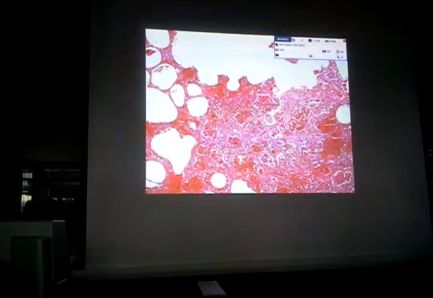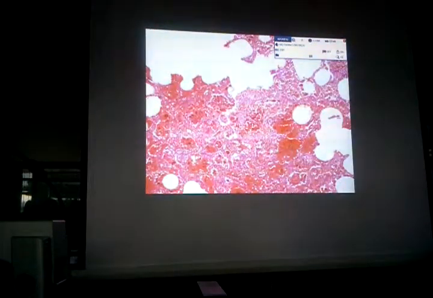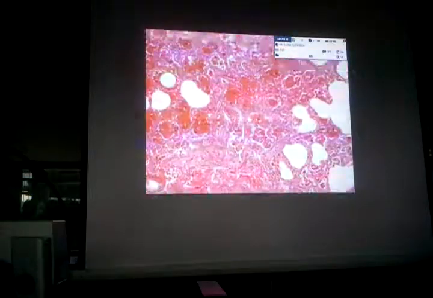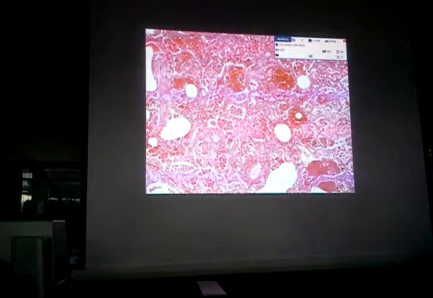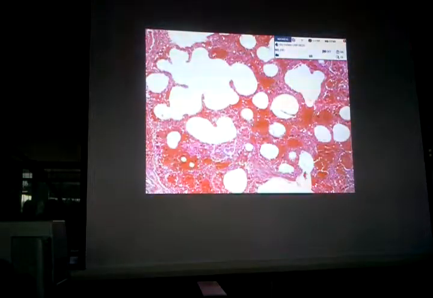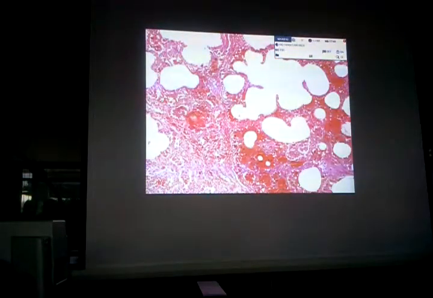Ano? Okay, the blood vessel wall. There is necrosis of the blood vessel wall. Because of that necrosis, eventually the blood vessel will rupture, leading into the escape of the blood cells. And this is why the blood cells, the red blood cells, white blood cells will become accumulated in the alveolar spaces.